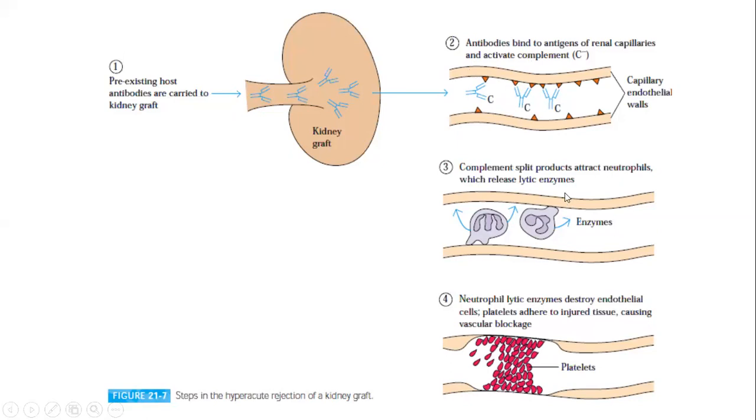It basically calls specific neutrophils, which can release lytic enzymes, along with the complement cascade, lytic cascade proteins that kill the cells. Along with that, they bring neutrophils, lytic enzymes, and platelets. There will be vascular blockage and tissue damage. Eventually, the kidney will be rejected. So that's a case of hyperacute rejection.